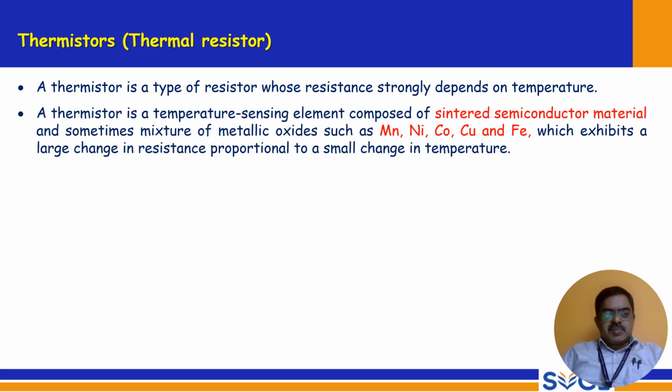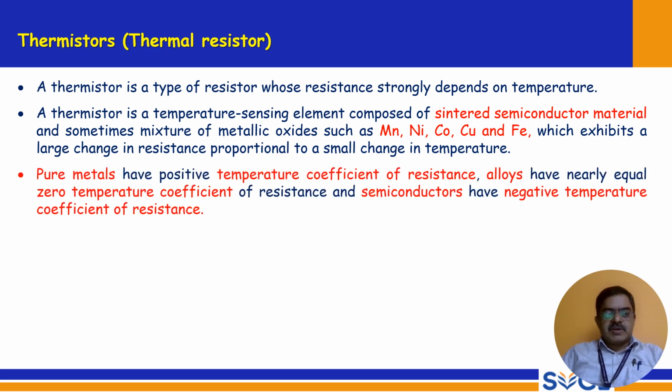A thermistor is a temperature sensing element composed of sintered semiconductor material and sometimes a mixture of metallic oxides such as manganese, nickel, cobalt, copper, and iron, which exhibits a large change in resistance proportional to a small change in temperature. Pure metals have positive temperature coefficient of resistance, alloys have nearly zero temperature coefficient of resistance, and semiconductors have negative temperature coefficient of resistance.